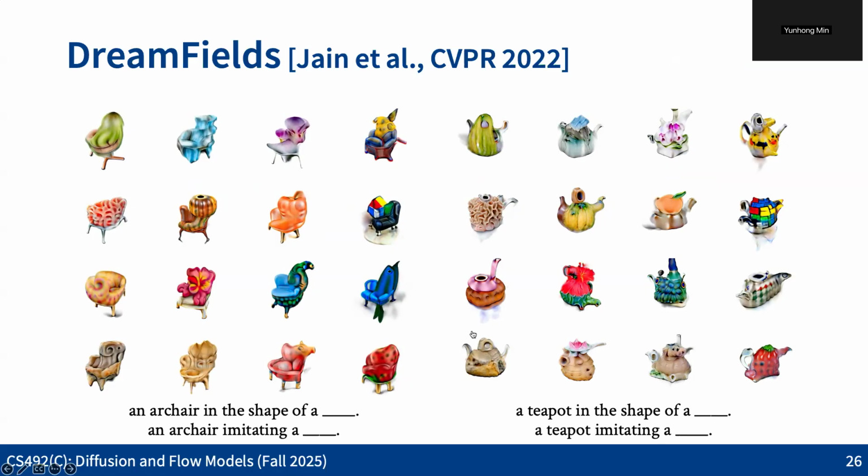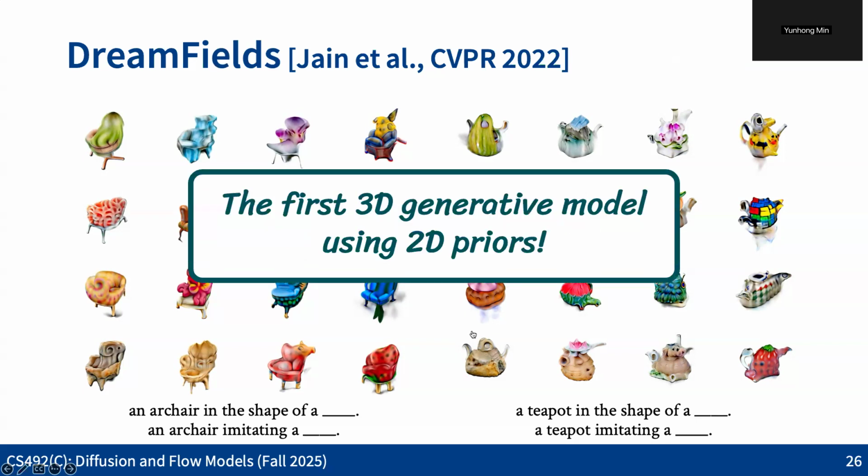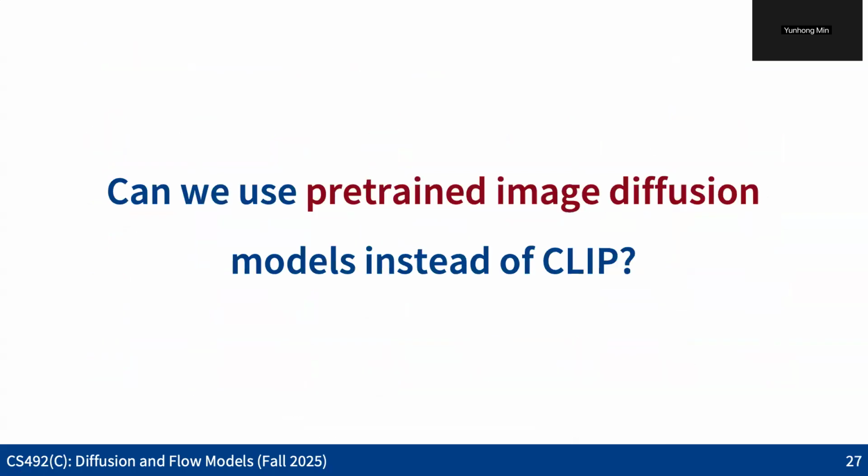Without having data samples for the format that we want to generate, using the priors of the data, some mapping, and also the prior learned from pre-trained foundation models, how can you produce those things? This is the basic setup. And now we want to use not CLIP, but the pre-trained image diffusion model for doing this. Any thoughts on how we can do this?